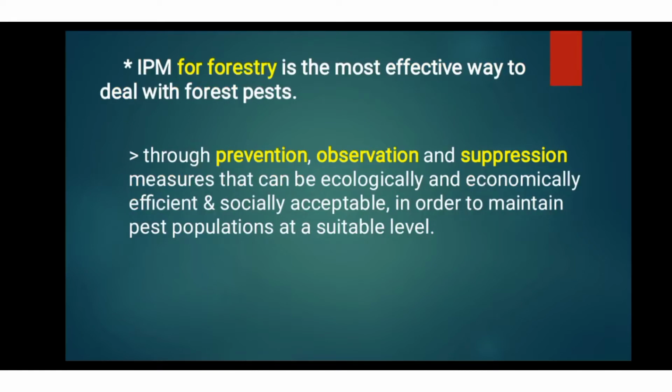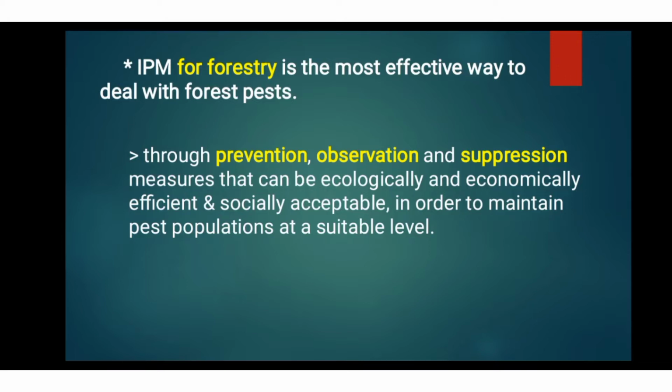While IPM for forestry is the most effective way to deal with forest pests through prevention, observation, and suppression measures that can be economically and ecologically efficient and socially acceptable in order to maintain pest populations at a suitable level. So prevention may include site selection and planting and thinning practices that reduce pest populations and favor sustainable control by natural enemies.